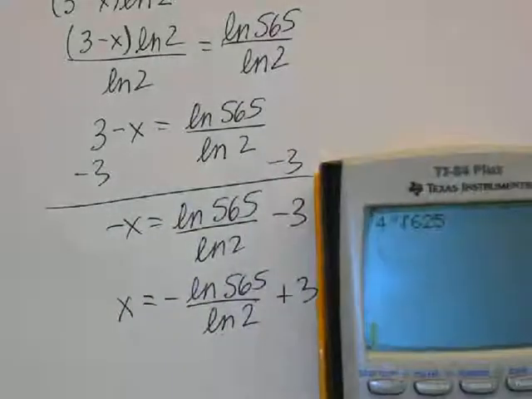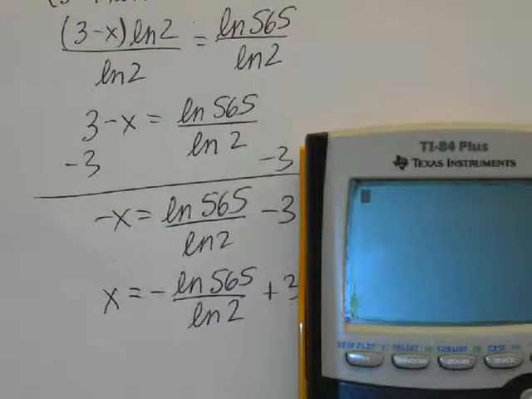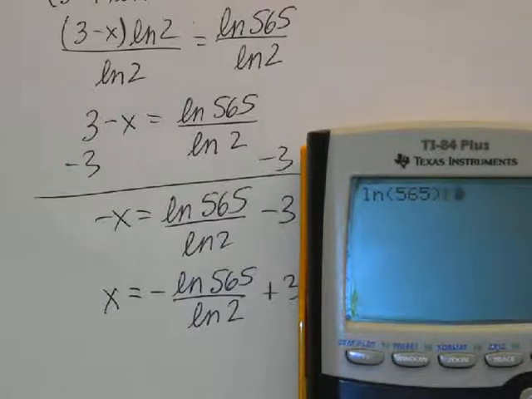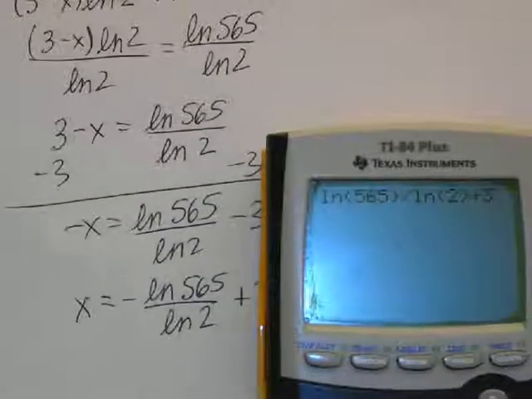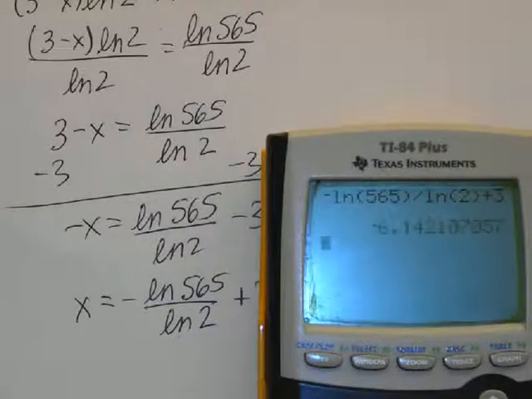Just give yourself about 4 digits of significance. So natural log 565 divided by natural log of 2 plus 3. Nope, I forgot the negative sign. Hold on. And I get about negative 6.142.